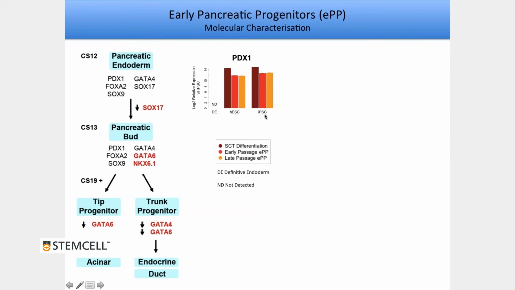I compared the endpoint of the STEMCELL Technologies differentiation with early and late passage early pancreatic progenitors, or EPP as I now call them.